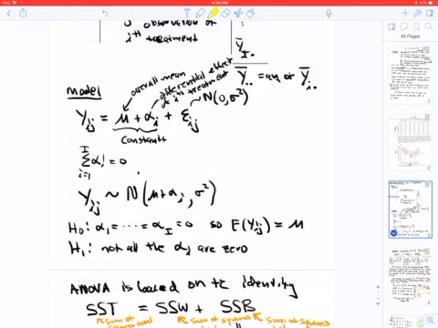These differential effects are normalized so that they sum to 0, and what we see here is that the yij's are normal mu plus alpha i with variance sigma squared. Our null is that all the alpha i's are 0, so that the mean for each treatment group is mu, and the alternative is that not all the alpha i's are 0.